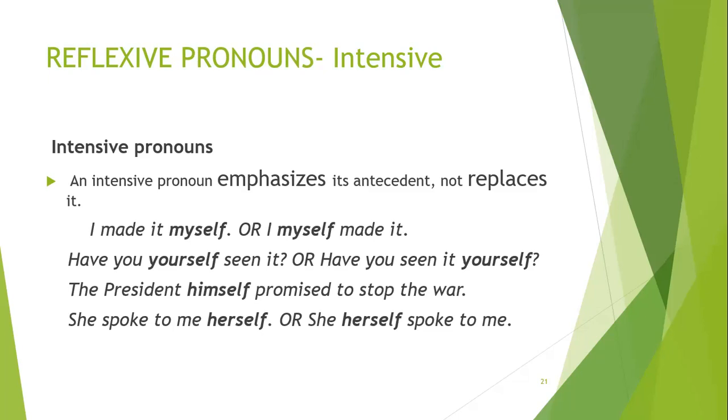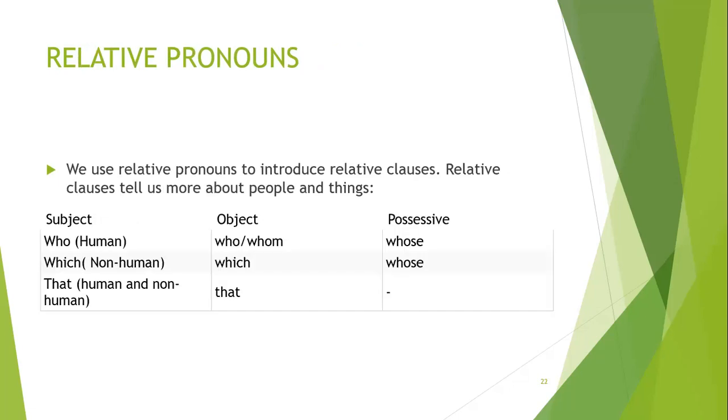We still have the noun phrase, the president, and we have himself further giving it weight, emphasizing it and also giving us some form of intensity. So with the reflexive pronouns, we have the noun there, and the reflexive pronoun is there to emphasize it. And that is what we call intensive pronouns.